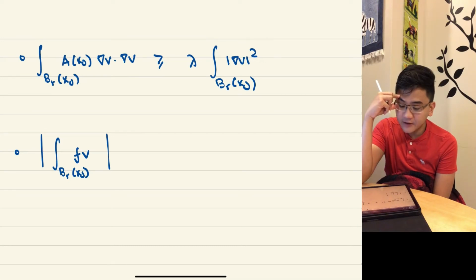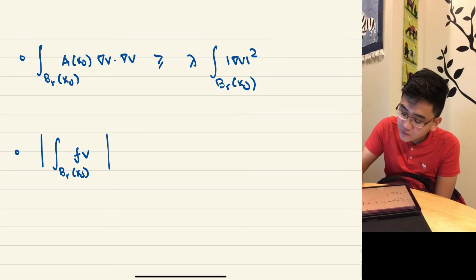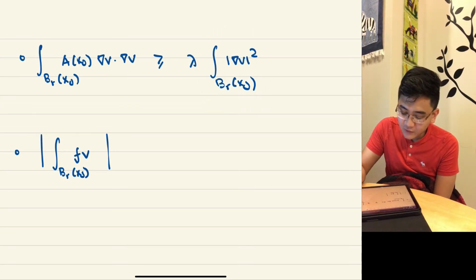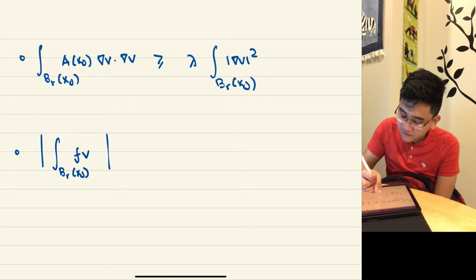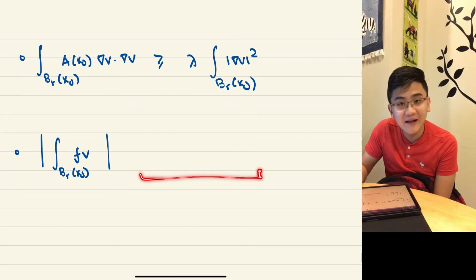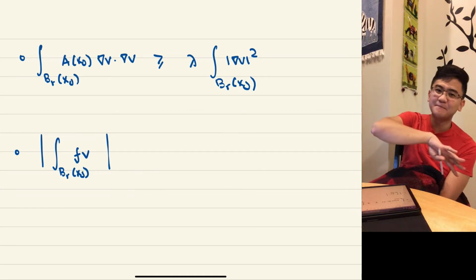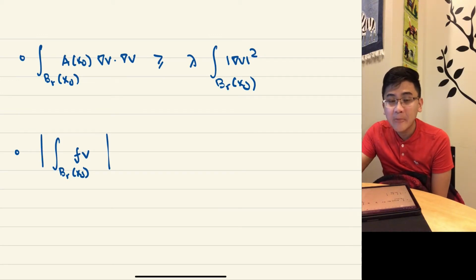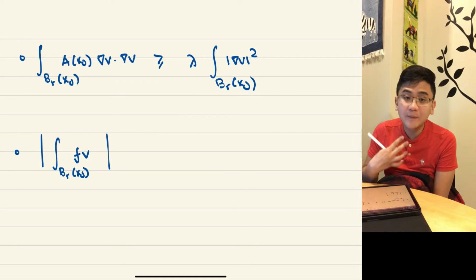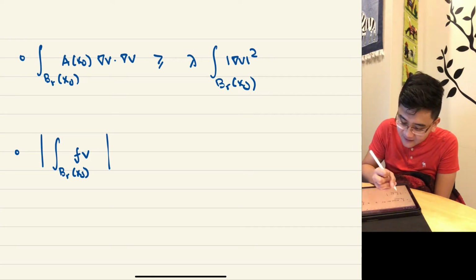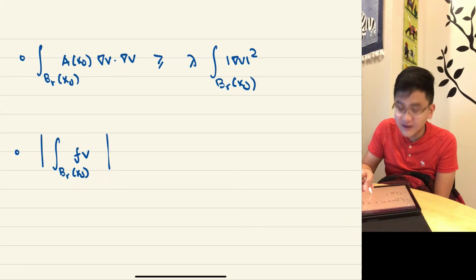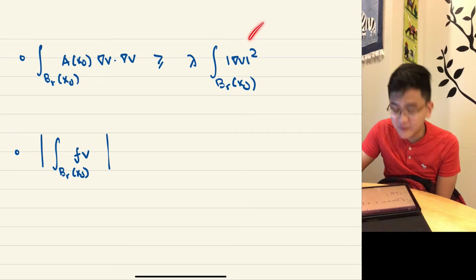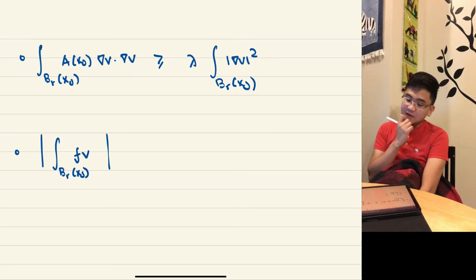Another thing here is that on one side we would have terms with grad V. The goal is to make grad V appear on this side so that we can combine it with this grad V later on. We're going to demonstrate that later. It would be nice if we can estimate this with something involving grad V, because terms with grad V can be combined with this term here. So how do we make that appear?